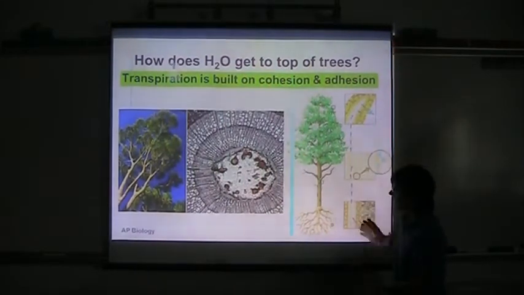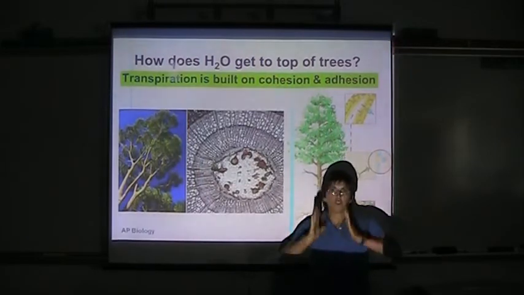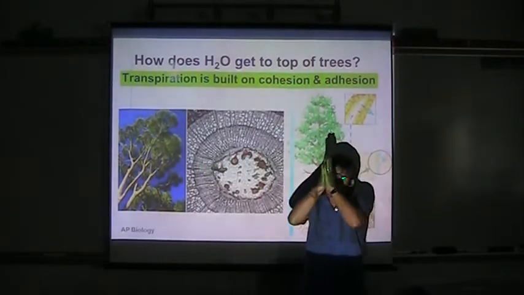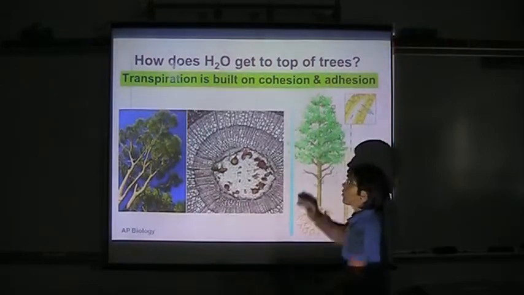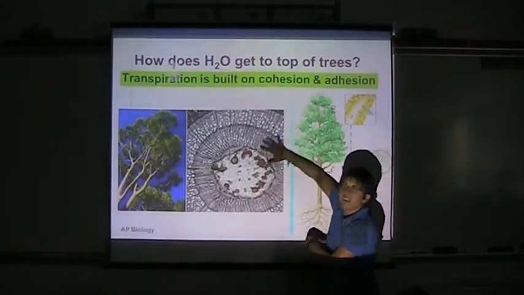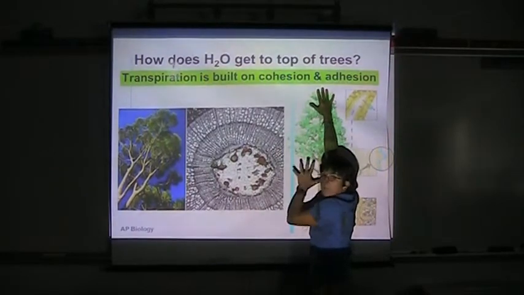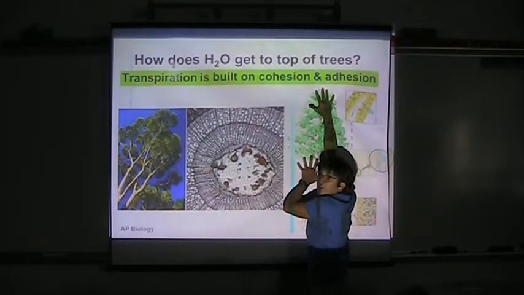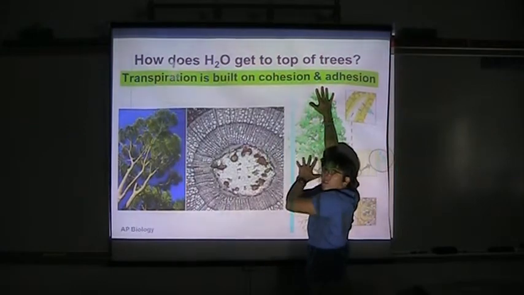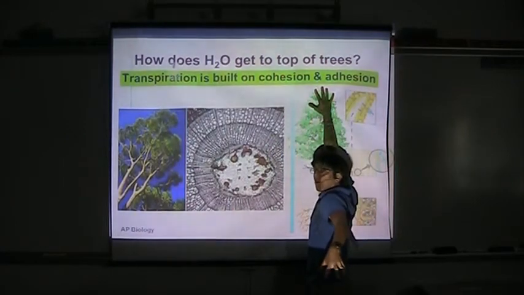So if you have the xylem, skinny tubes, water is moving up, but why? Because water, pretend that this is the xylem, water is attaching to the xylem, making hydrogen bonds with the xylem, but at the same time, each molecule of water is attached to another molecule of water.